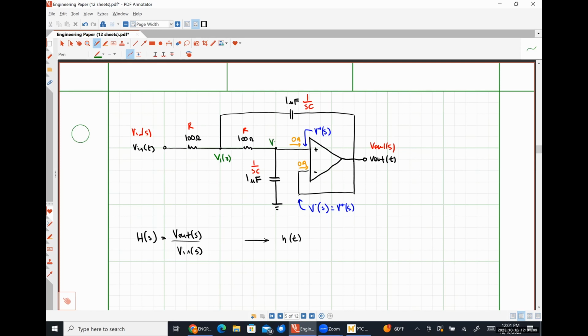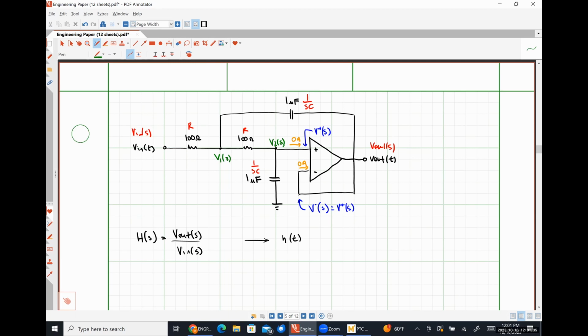And then we're also going to wind up applying KCL at the second node, where the rightmost 100 ohm resistor meets this vertically oriented 1 microfarad capacitor. Will we write the KCL equation on our output node? No, we can't because we don't know how much current is leaving the output terminal of the op amp. So it's not going to give us any useful information.